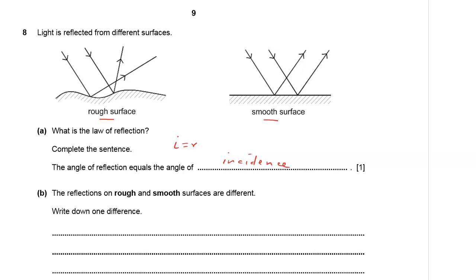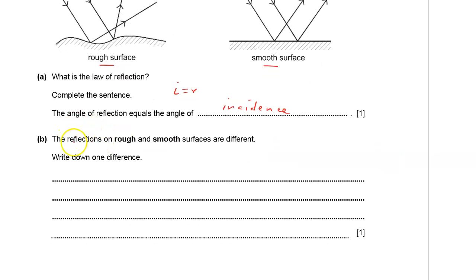Part B. The reflection on rough and smooth surfaces are different. Write down one difference. Of course, you can notice that the reflection here is scattered. The reflection here is regular.